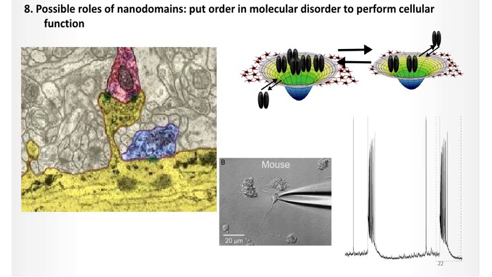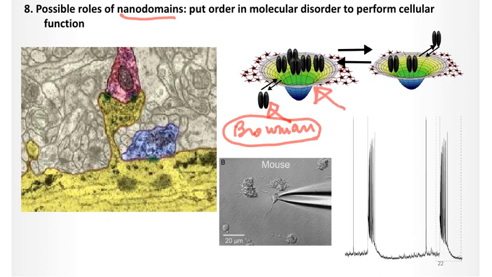So finally, what is the role of these nanodomains? We said that if we have many molecules, many receptors that are moving with Brownian motion, it costs basically no energy to move them. But the price to pay to put order into the synapse is to have this structure. That is, if they move by Brownian motion, in order to find them at the right place, you need a structure, and it costs energy to build such a structure. And the role of this structure is to put order into the synapse, to have receptors at one place.